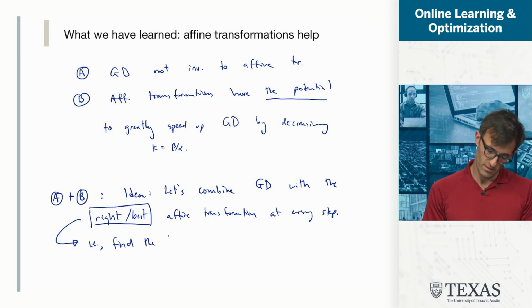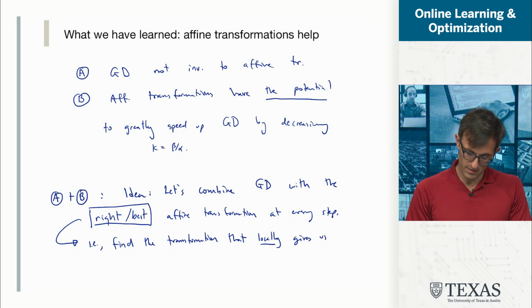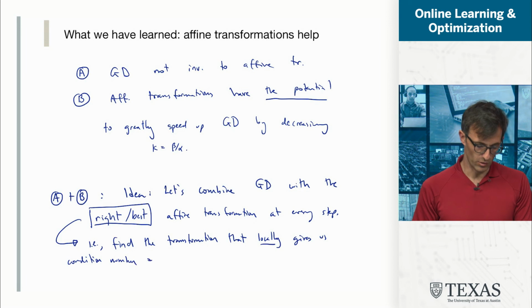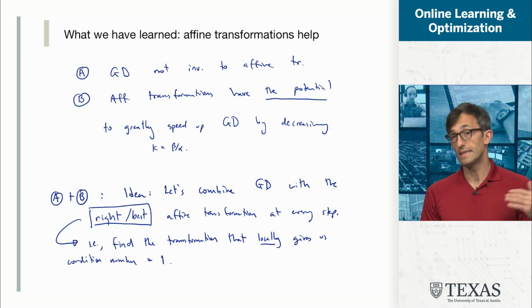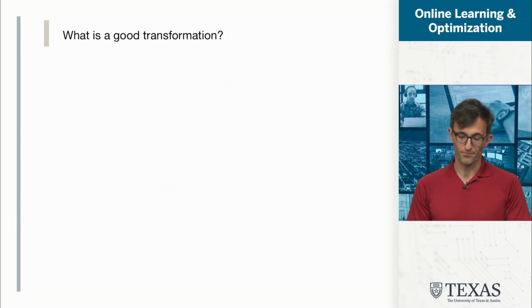Find the transformation that locally gives us condition number equal to 1. And for a general function, this is going to be a different condition number, a different affine transformation at every single point. But for a quadratic, it was the same one.